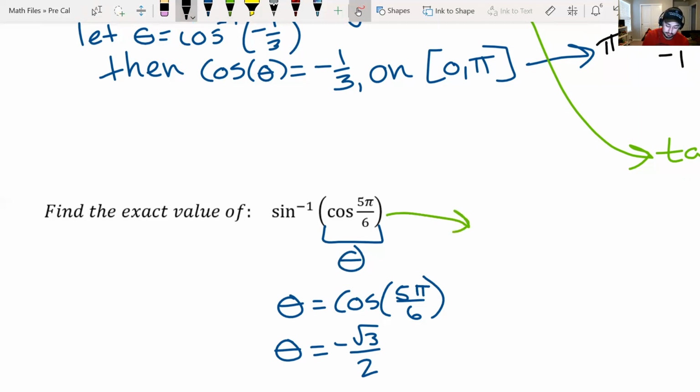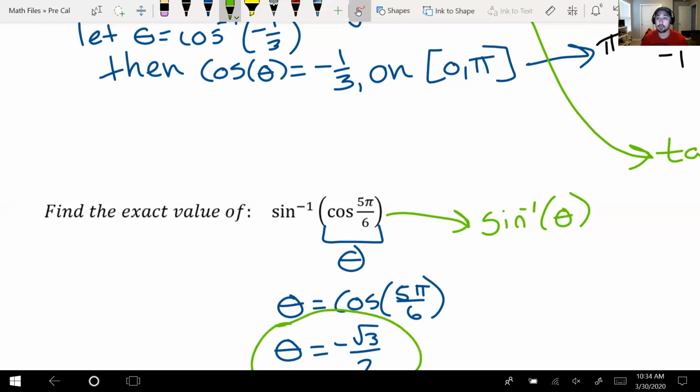This becomes sine inverse of theta. Well, theta happens to be negative square root 3 over 2.